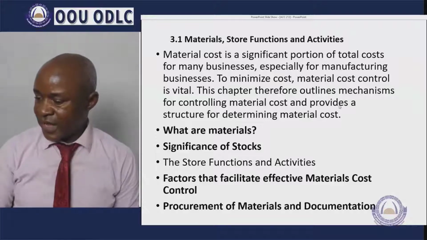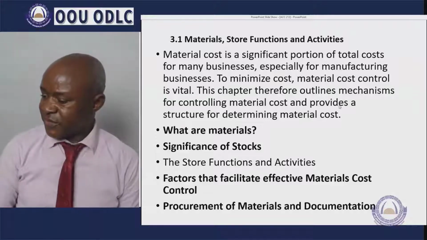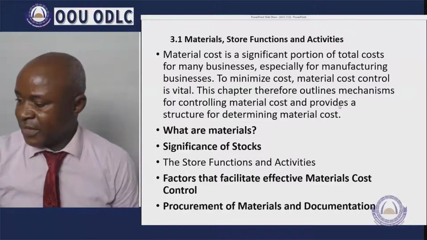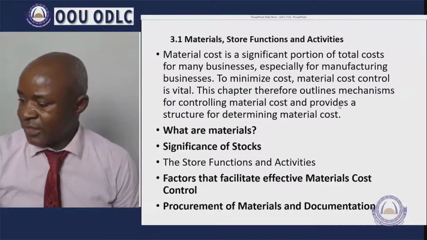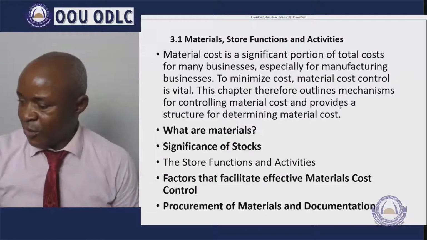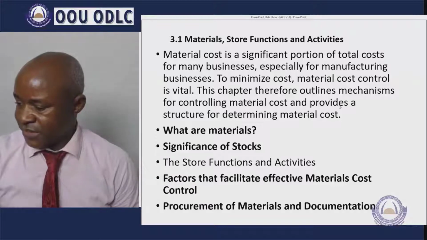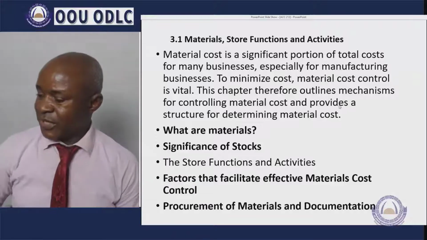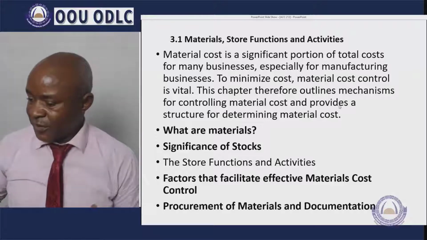So it is the responsibility of the purchasing unit or the procurement unit in that company to ensure that there is an effective system of procurement of materials. To purchase materials and put them in store involves the following.